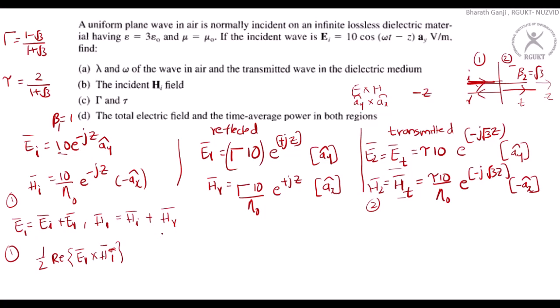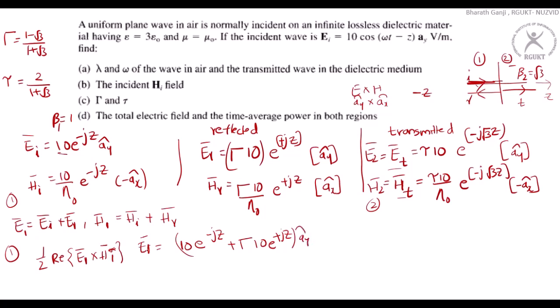If I do that, let me write the expressions for the incident electric field. The total electric field E1 bar is 10 times e power minus jz plus tau times 10 e power plus jz, times ay cap.